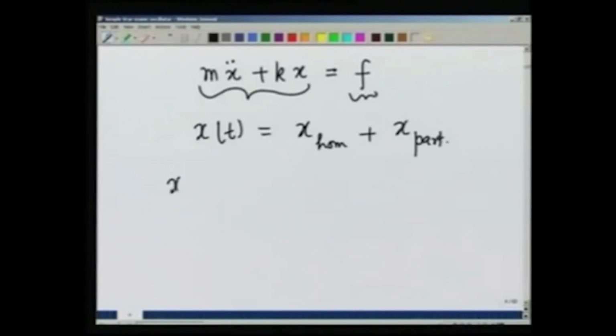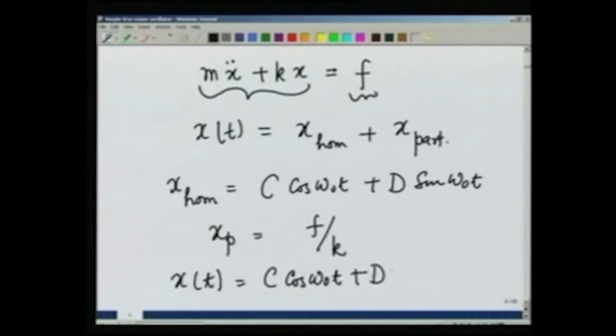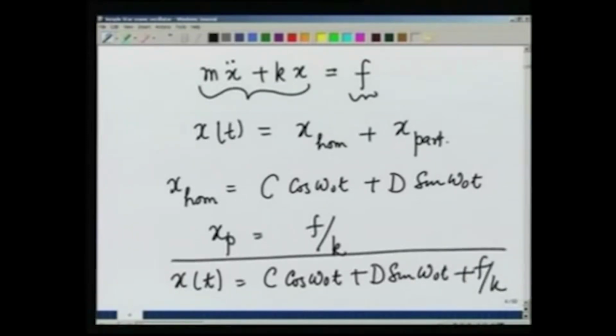X homogeneous I already know, is equal to some c cosine of omega 0 t plus d sine of omega 0 t, and you can verify that x particular in this case is going to be F over k, and therefore the solution x(t) is going to be c cosine of omega 0 t plus d sine of omega 0 t plus F over k. This is the general solution, and only after I write the general solution do I impose the initial conditions.